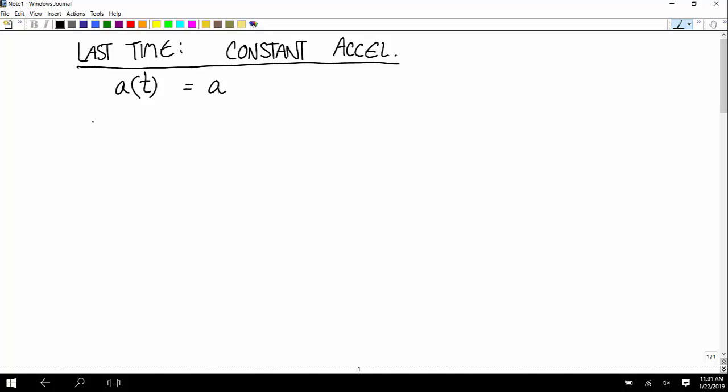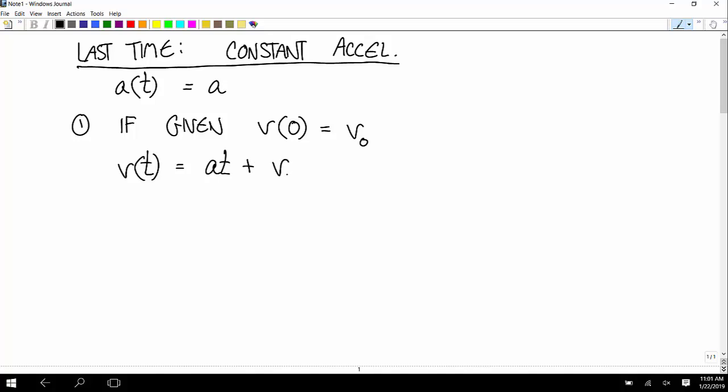If you integrate once, given that the velocity at time 0 is equal to the constant v0, then integrate that acceleration function and you get velocity as a function of time is equal to at plus v0.